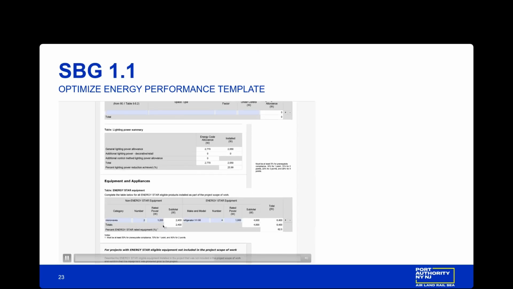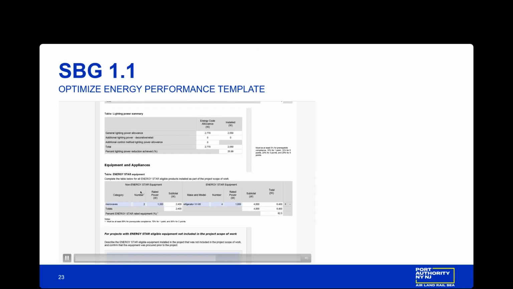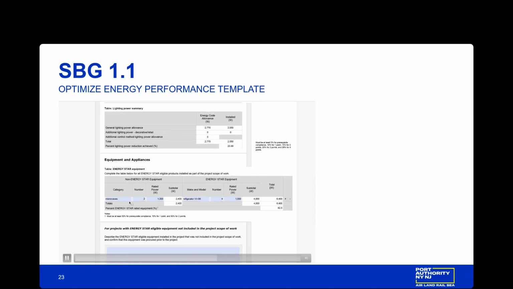Moving on, you enter the Energy Star rated equipment. So particularly equipment that serves the space, whether it's microwaves, TVs, anything like that, refrigerators. Here we're showing 2 microwaves at 1200 watts each that do not fall under Energy Star rating versus Energy Star rated equipment, which is a refrigerator.